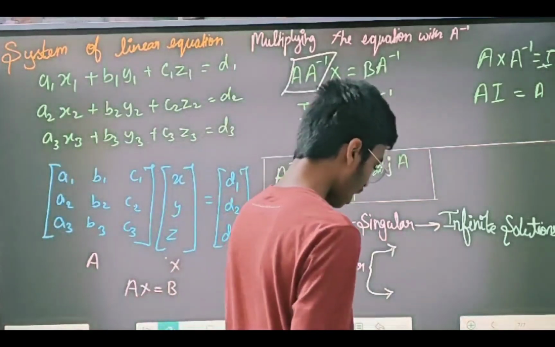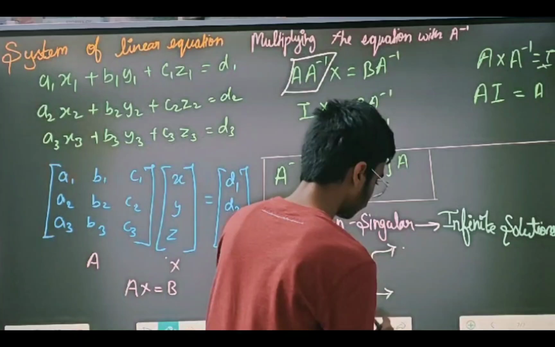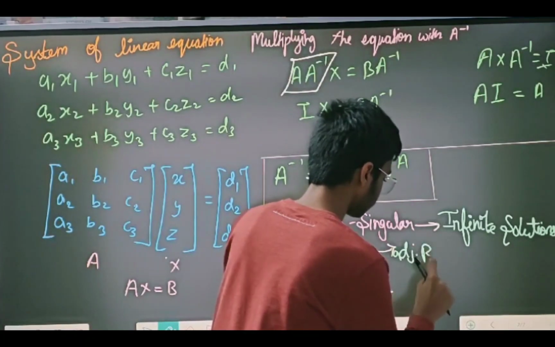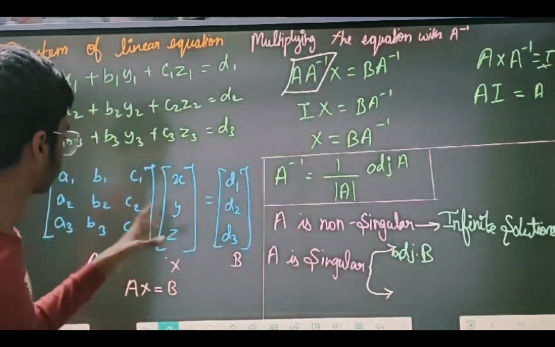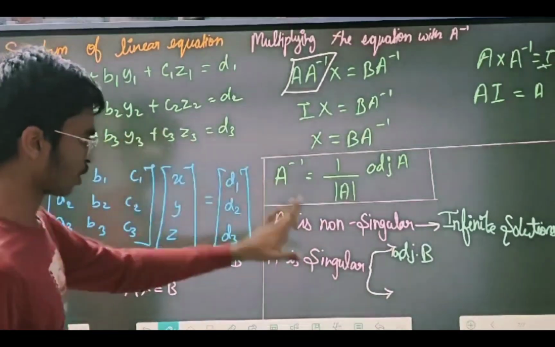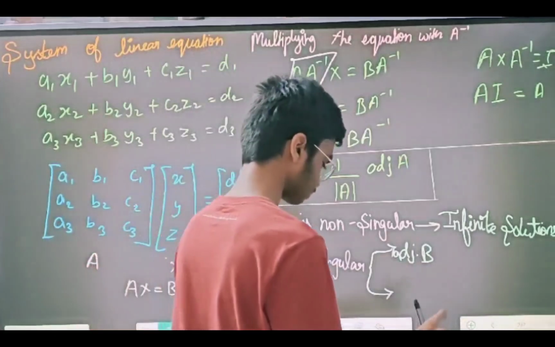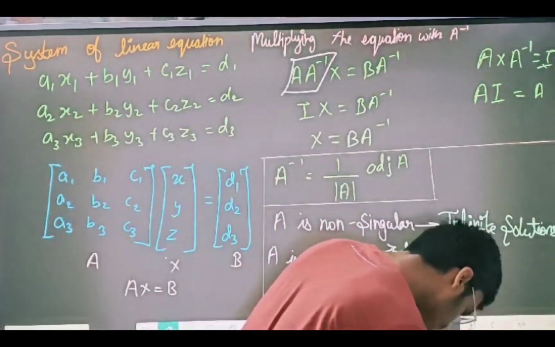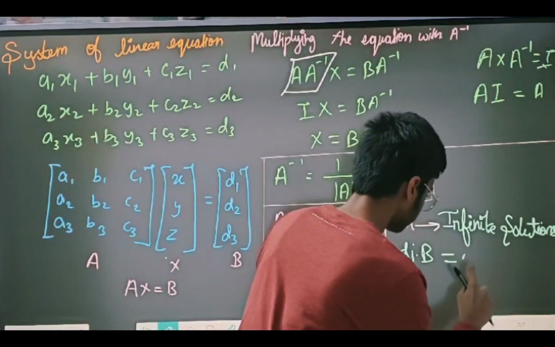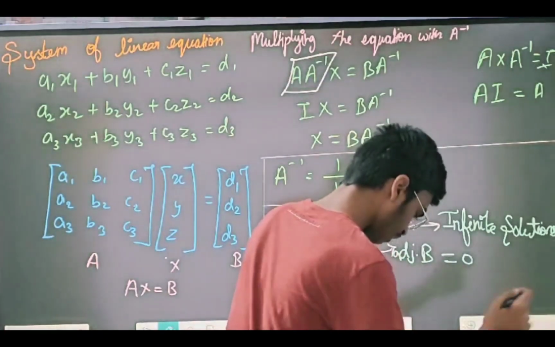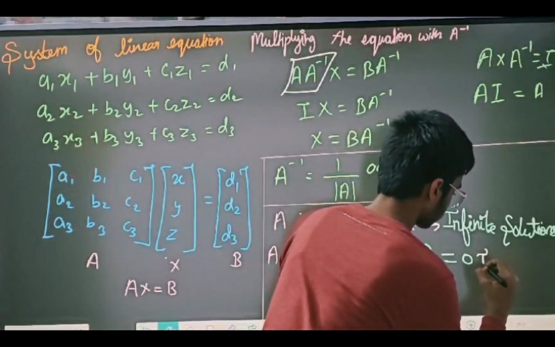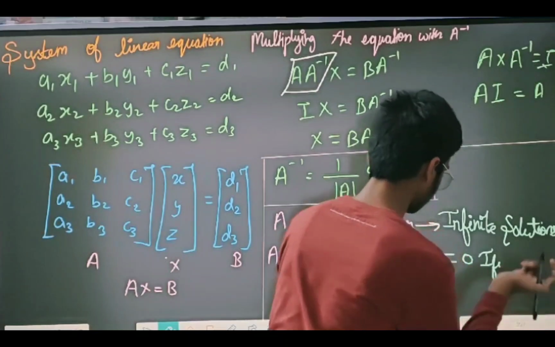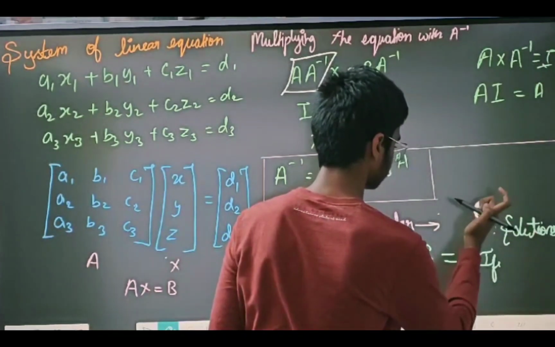First, if adjoint of A into B, that means if you multiply the adjoint of this matrix with this matrix, if it is equal to 0, then it has infinite solutions. Sorry, here it has a unique solution.